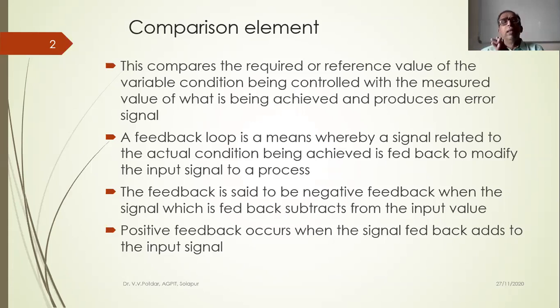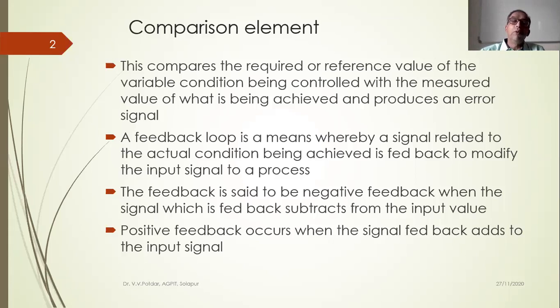In simple words, whatever is my set value, the comparison element reads that set value, it reads the feedback value, it compares both the values. If there is a negative feedback, it is subtracted, and then whatever is remaining is the error signal. So error signal is equal to set value minus feedback value. So this sort of comparison it does.